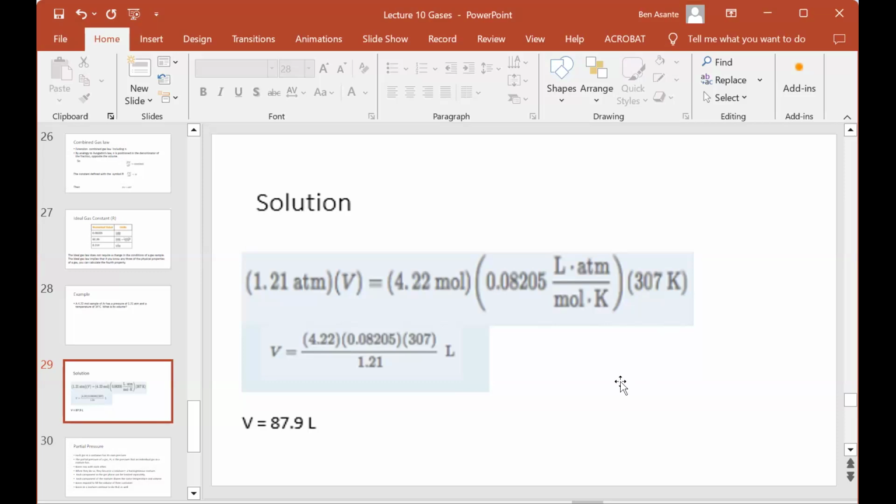We change it into Kelvin by adding 273 to it. In some situations they will use 273.15, but this one is an approximate number to 273 from Celsius to Kelvin. Then we just do the multiplication, change of subject, and we came up with 87.9 liters. So that's how it goes. If you have gotten 87.9 liters, you are right.